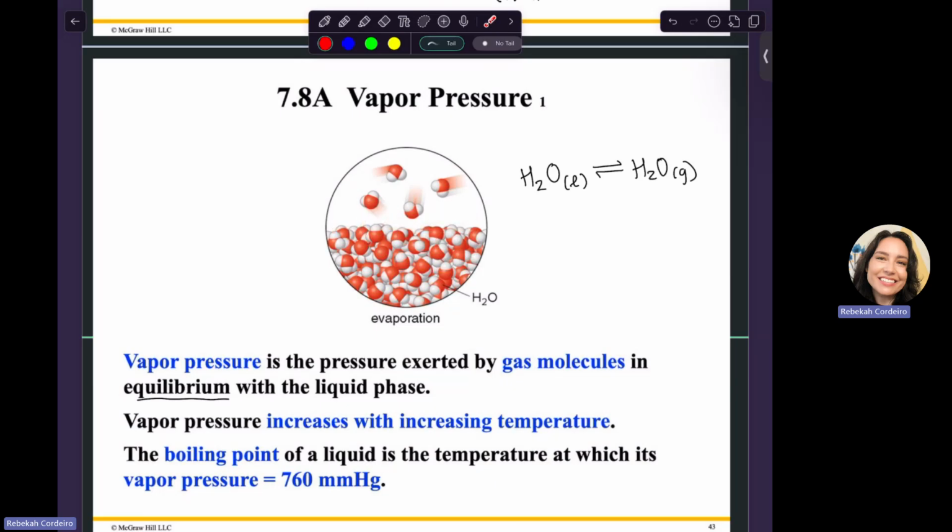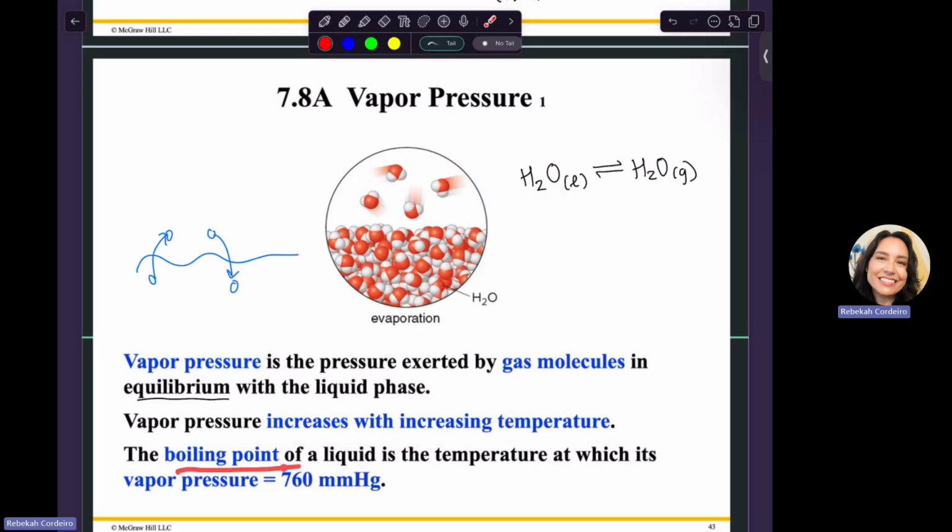So imagine it's like dolphins on the ocean. The particles are jumping out into the gas phase and then going back into the liquid phase. So it's an equilibrium. They go back and forth. The more energy your particles have, the more of them can be up in the gas phase. So the vapor pressure increases with increasing temperature. That's why your hot water bottle, when you open it, will make that sound, even if it doesn't have carbon dioxide in it.